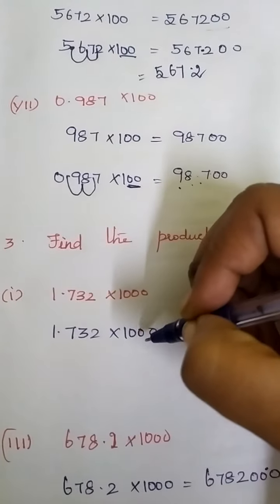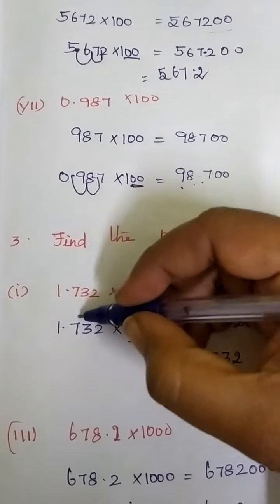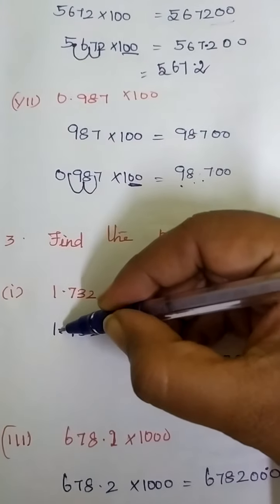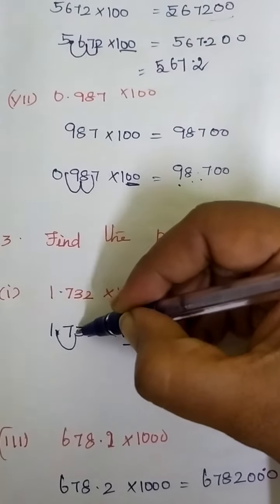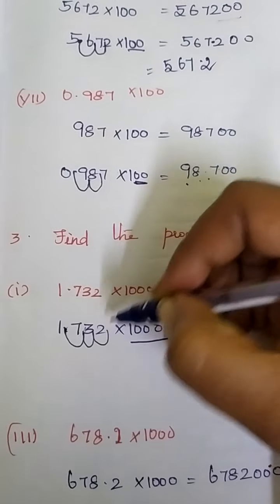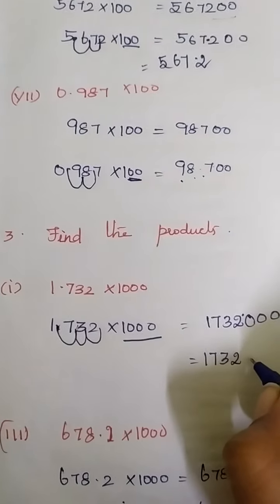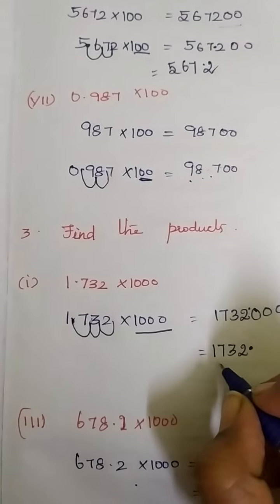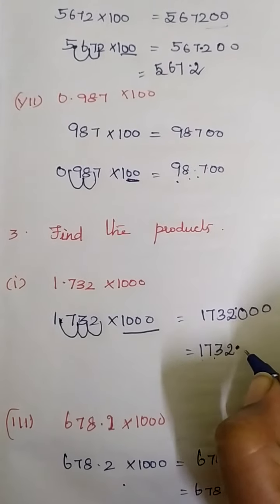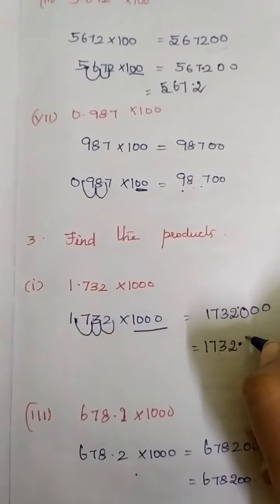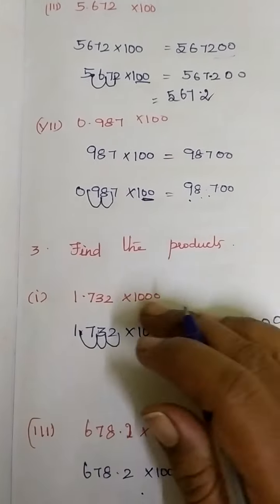When you multiply by 1000, how many zeros do you have? 3 zeros. So you move the decimal point how many steps? 1, 2, 3. So the decimal point is placed here. So 1732. If you want to give value to this decimal point, you can include a 0 and show it.